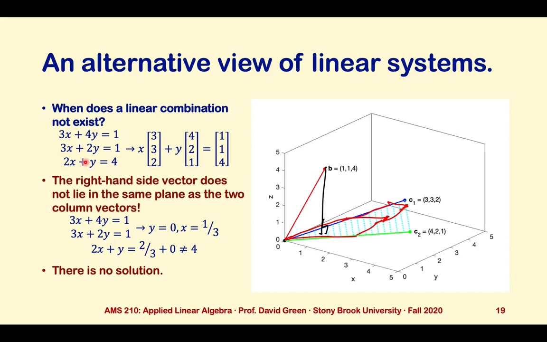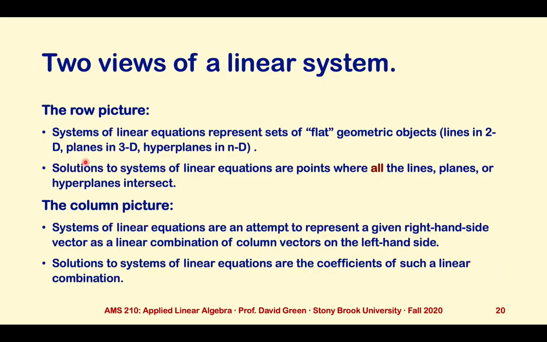solution. All right. So that was just a little bit of an introduction to 2 different ways geometrically to think about a linear system. One of them, the first one, is often referred to as the row picture.